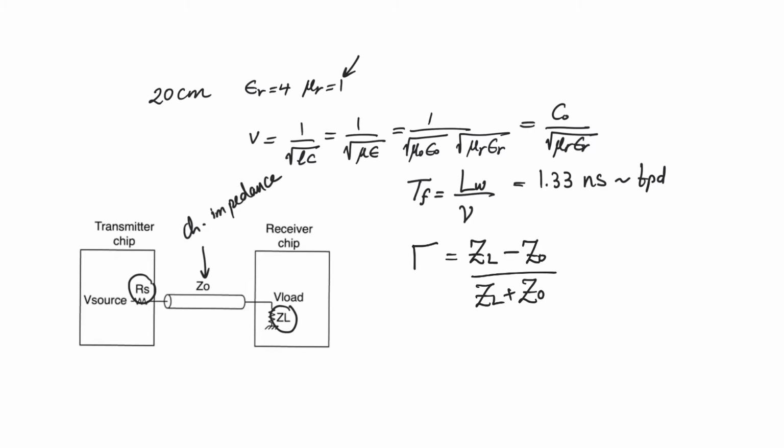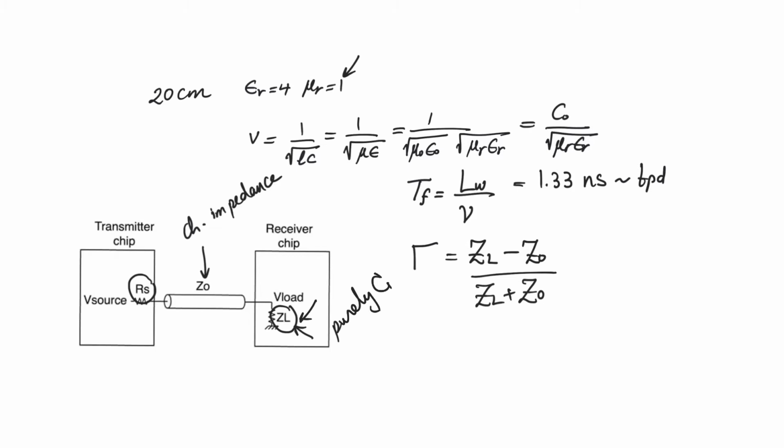pin pad design and pin interface design, the first thing we see on the chip is CMOS gates. CMOS gates are purely capacitive, which means that this Z load is going to be purely C, and in terms of resistance, we see infinite resistance on this side.